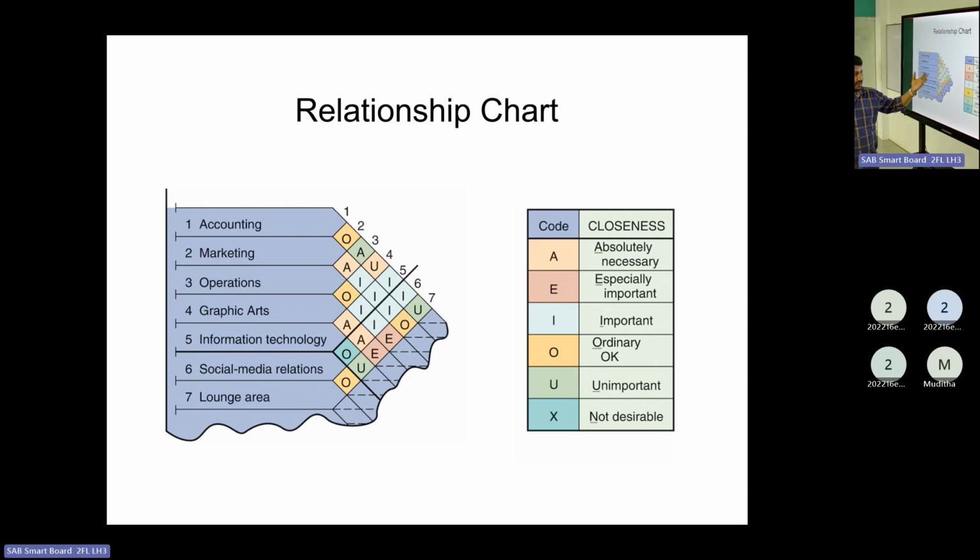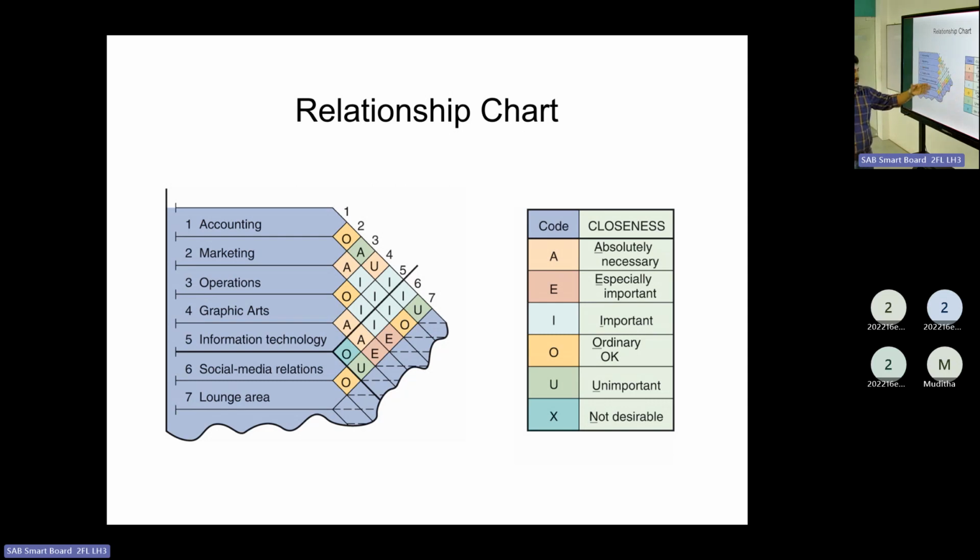This in a way is a summary that shows the judgments of experts, right? So the location preferences have been summarized using this coding A, E, I, O, U, and then X, as shown here.